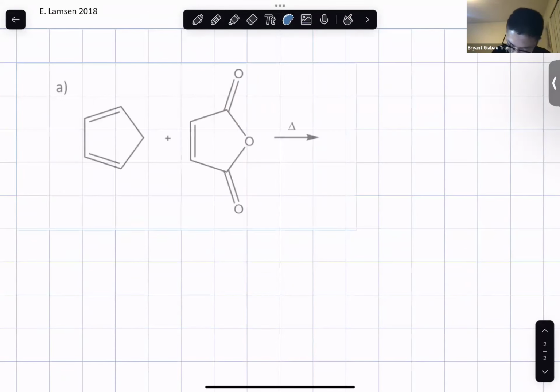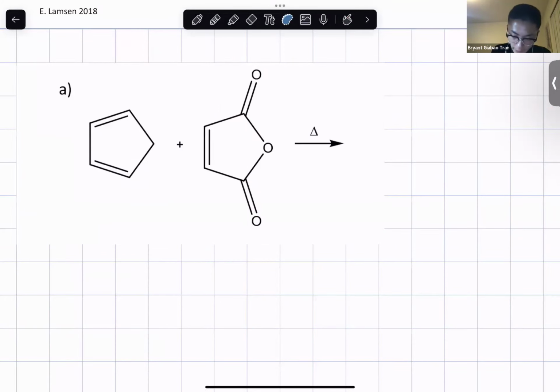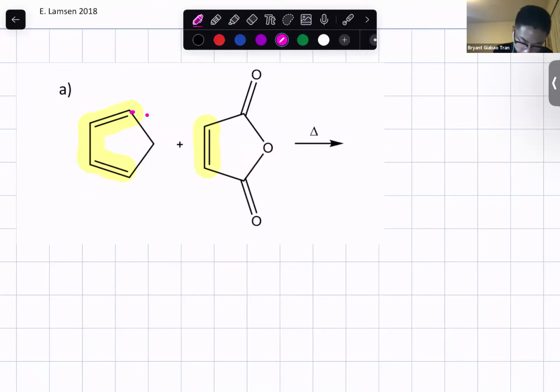Okay, so for this Diels-Alder here, we have our diene, which is this highlighted part over here, and our dienophile, right? When we figure out our diene and dienophile, I like to draw the pocket between the carbons that are going to make a new bond with each other, which are these carbons here. The other thing I like to do is number this 1, 2, 3, 4, 5, 6.